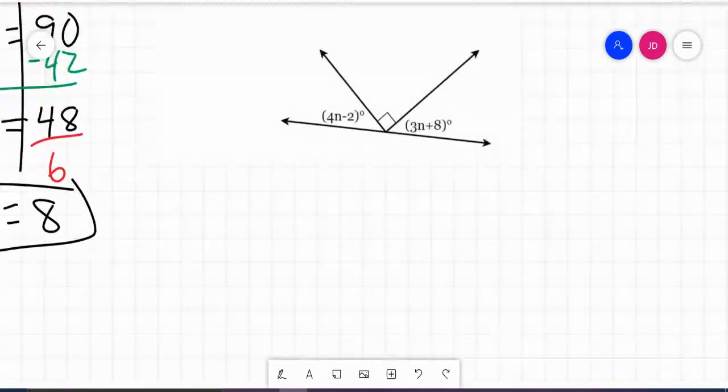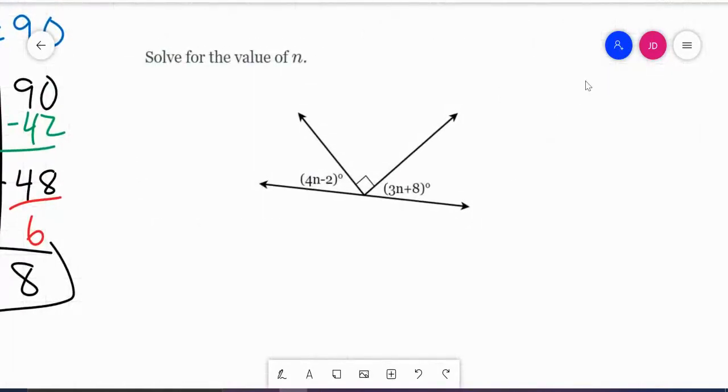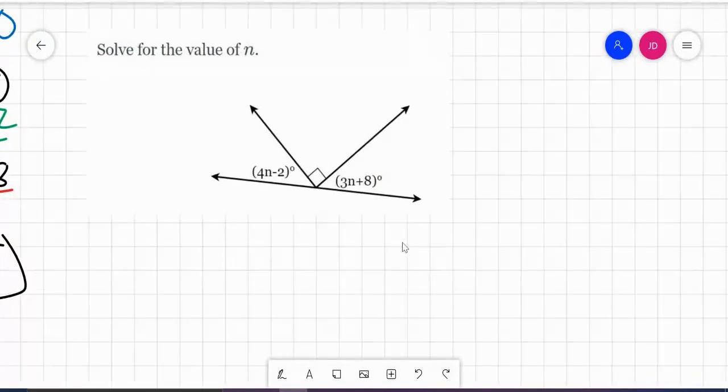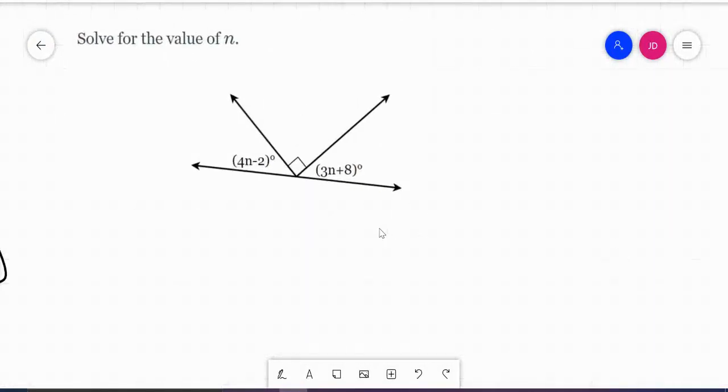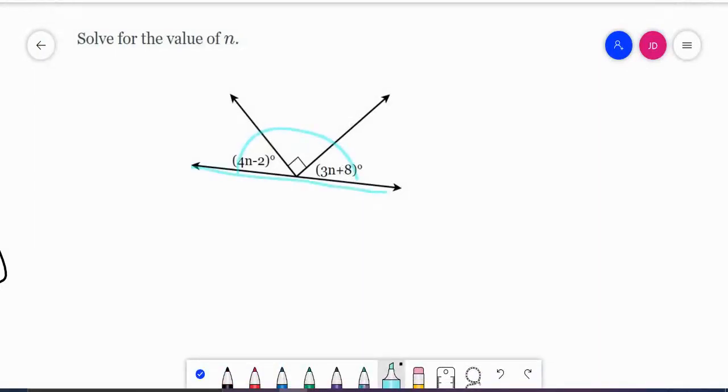Last one. Ooh, okay. This is definitely not a linear pair because pair is 2, but these 3 angles, they are supplementary. They add up to equal 180 degrees, right? We have a straight line here. This is a straight line.